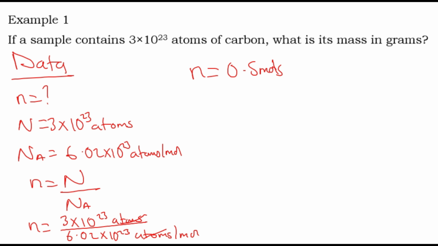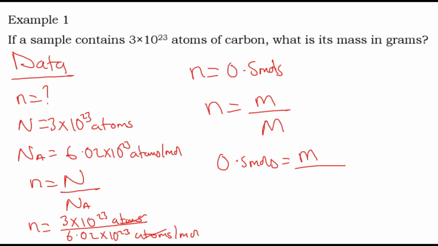Once we found the number of moles, we use the formula number of moles is equal to mass over molar mass. 0.5 moles is equal to the mass over the molar mass. What is the molar mass of carbon? If you check on the periodic table, you will find that carbon has a mass number of 12. And in the previous video, we discussed that the mass number is equivalent to the molar mass, with the exception that for molar mass you add units, grams per mole.